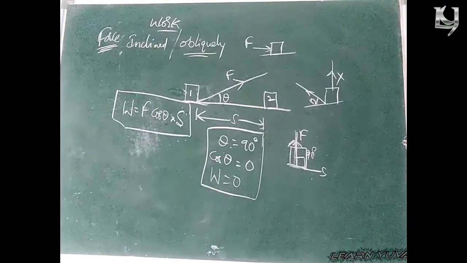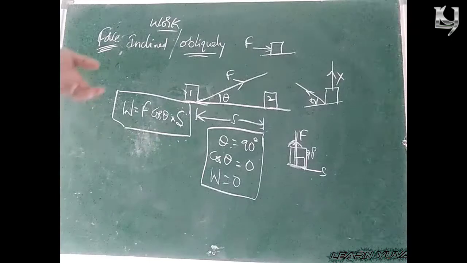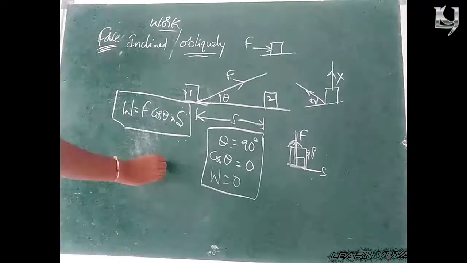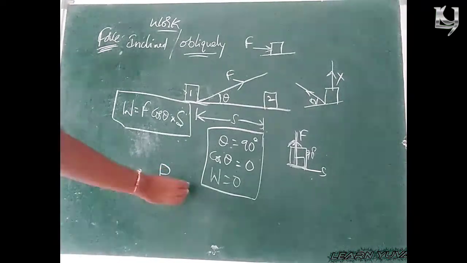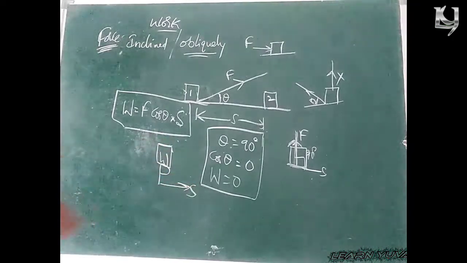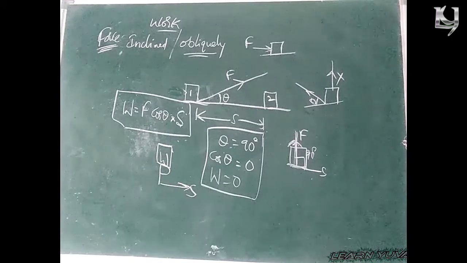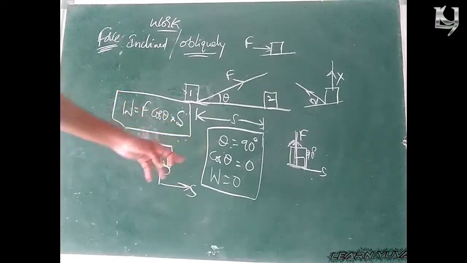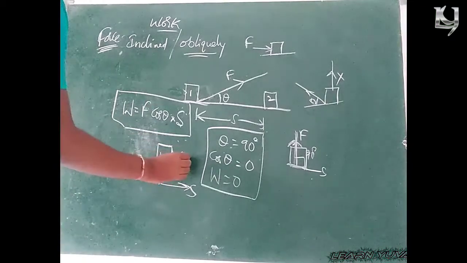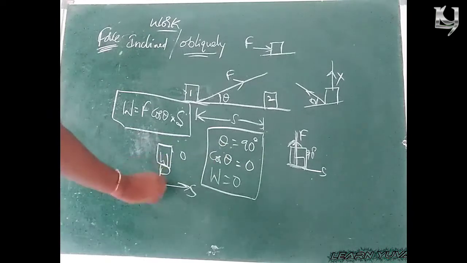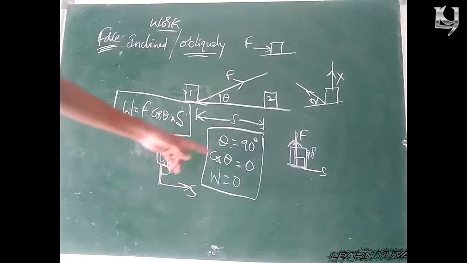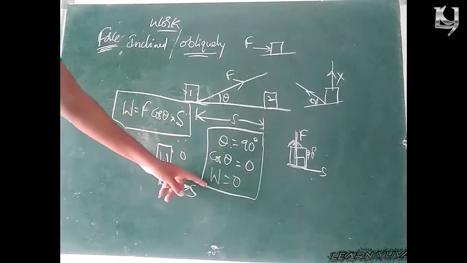The case is a coolie carrying luggage on his head. He is carrying the weight on his head and traveling in this direction horizontally. In this case, the work done by the force applied on the object is 0 because the angle between the force and displacement is 90 degrees, so cos theta is 0, then work is 0.